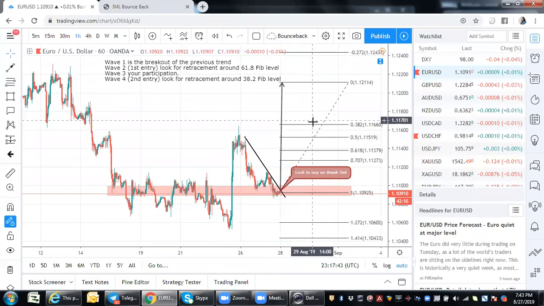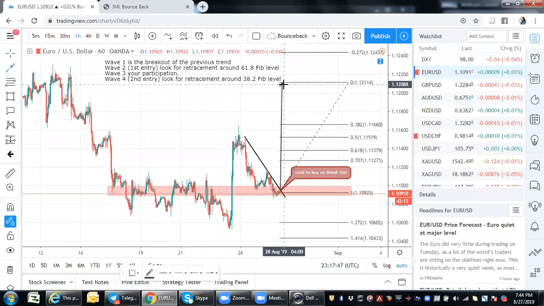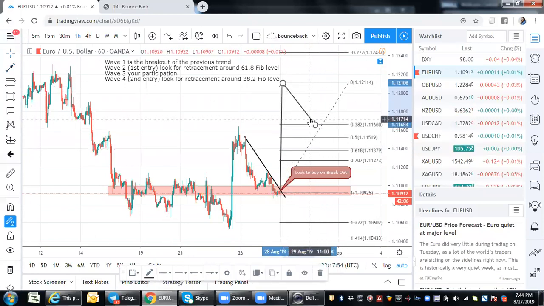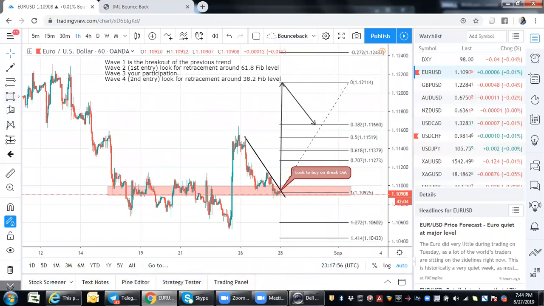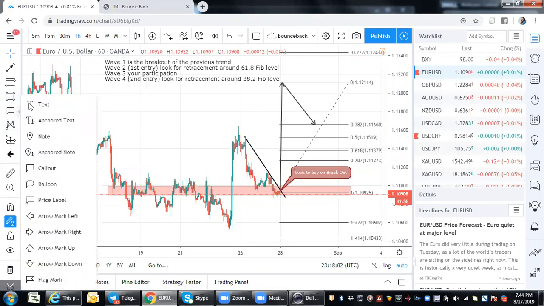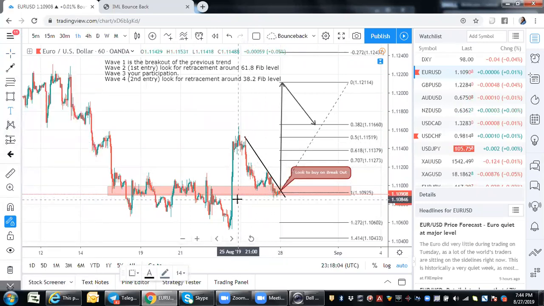So we're looking for the trade to come back down to here. So from here, that's wave 3. Wave 3 is here. Let me just put some notes next to it so you guys can take your screenshots when the time is right.